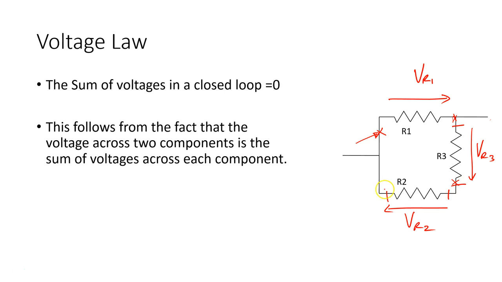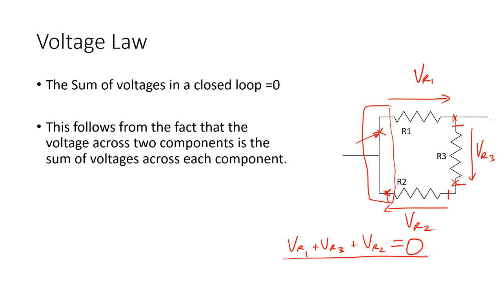And then if I bring it across to this point, I get VR1 plus VR3 plus VR2. But look at where we finish. This is now the same node. So if I have the 2 probes on the same node, then essentially there's no voltage difference there. So I'm going to get 0 volts.